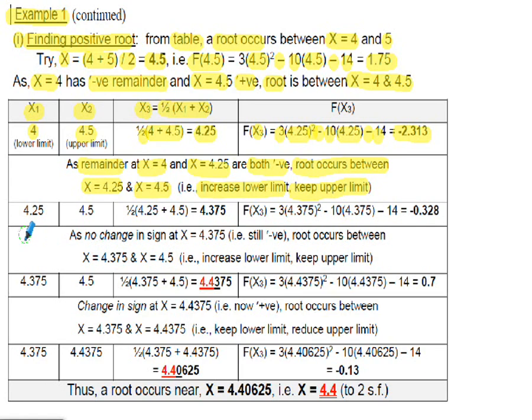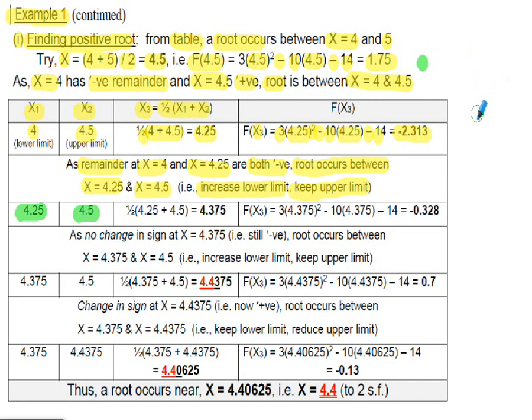So now for our second iteration we now have 4.25 as a lower limit and 4.5 as the upper limit. We know a root must occur there because the remainder for 4.25 from above is a negative 2.313 and the remainder for the 4.5 shown up here is positive 1.75. So a root must occur between those two increments.